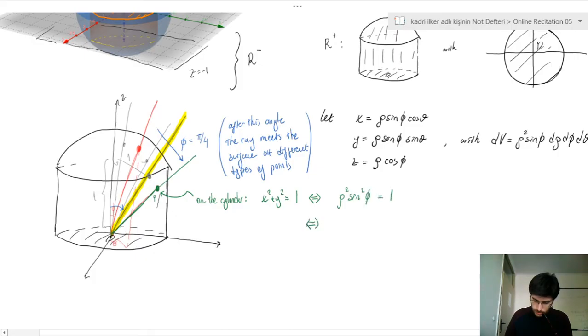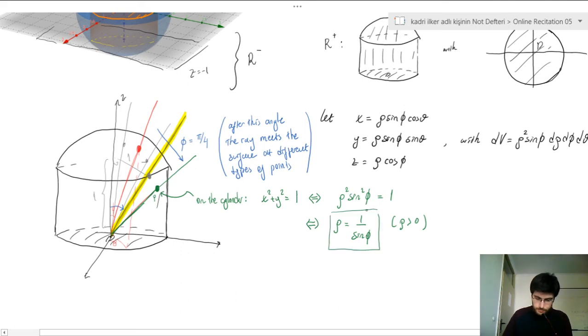And what does it tell us? This is exactly when rho equals 1 over sine phi. Remember, rho is in this case a positive number. So when your light beam, the green one, hits the part of the surface, this is exactly the part of the surface where rho is given by this expression.